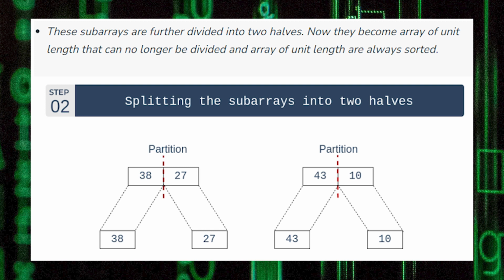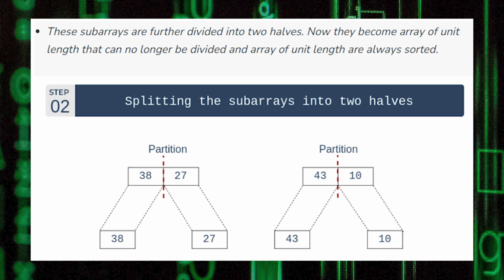These 2 element arrays are split into sub arrays. Now we have 4 arrays, each consisting of 1 element: the first array consists of 38, the second array consists of 27, the third array consists of 43 and the fourth consists of 10.